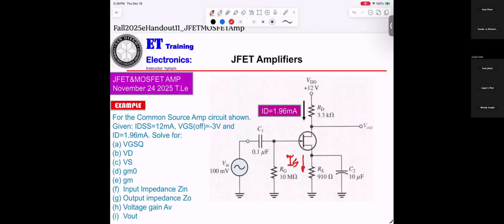Okay, now this is the first configuration for the common source amplifier.